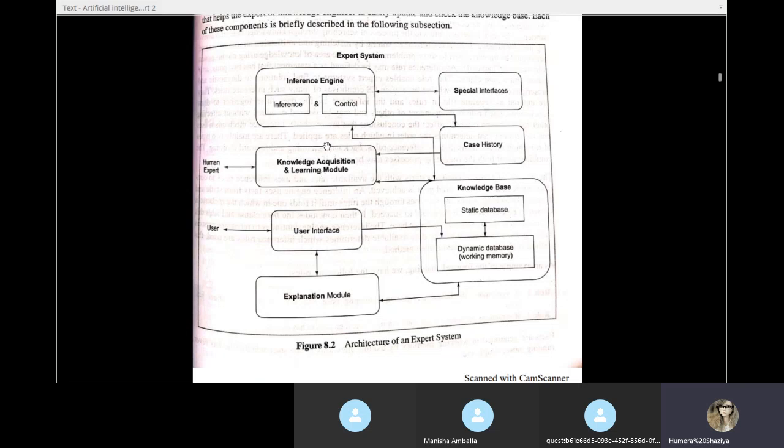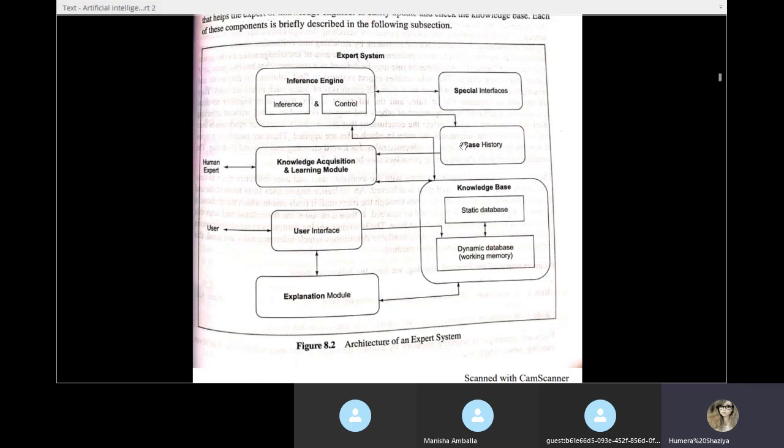and the entire knowledge has been gathered or acquired through this human expert and will be stored in this knowledge base. And you know what happens, this inference engine also talks to this knowledge base, and there may be some case history.